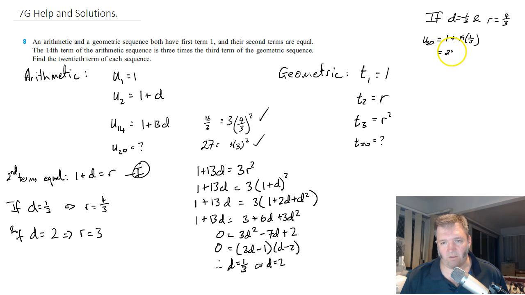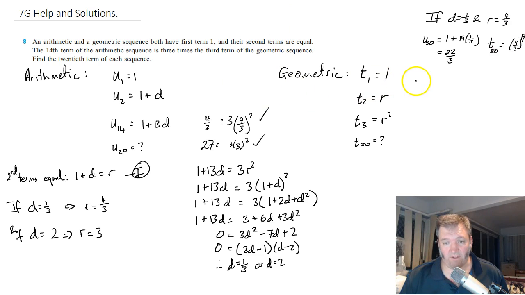U20 would be 19 plus 3 is 22 over 3. And T20, yeah, that's what we want. T20 is going to be pretty ugly, isn't it? It's going to be 4 over 3 to the 19, and I'm not going to work that out. We can assume we can do that.